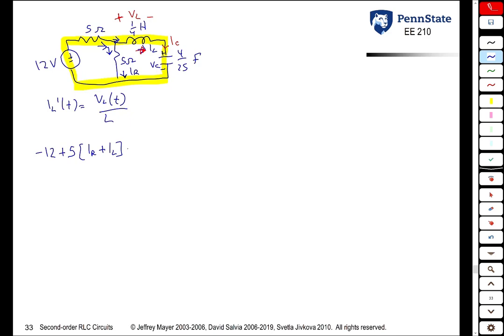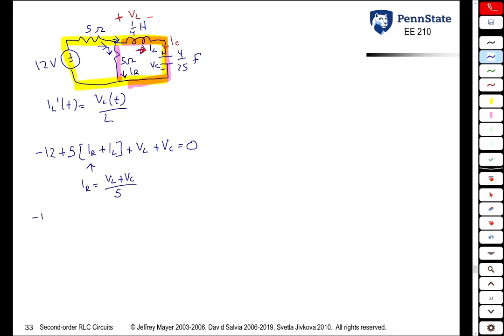Plus the voltage across the inductor, VL, that's what we're solving for, plus the voltage across the capacitor, VC, is equal to 0. But we can express IR differently. The current through that resistor is the voltage across that resistor divided by its resistance. But the voltage across this resistor is the same as the voltage across the inductor and capacitor put together. So IR is equal to VL plus VC over 5 ohms.